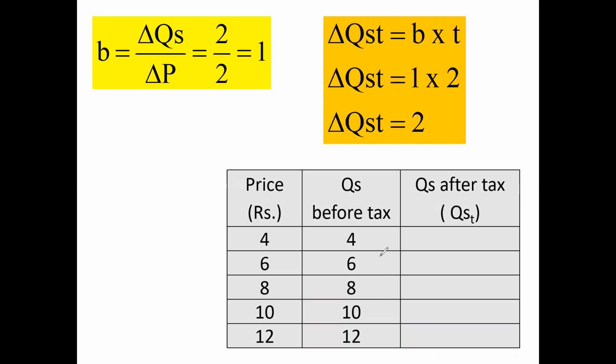So we have to reduce 2 from the old quantity. 4 minus 2, 6 minus 2, and 8 minus 2. Reduce 2 from the old quantity. Then you can find the supply quantity after tax on the schedule.